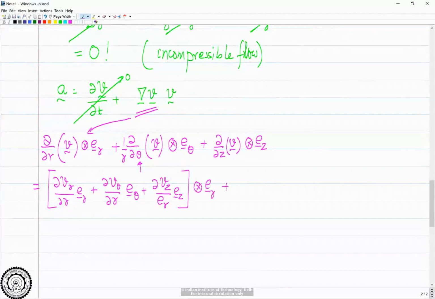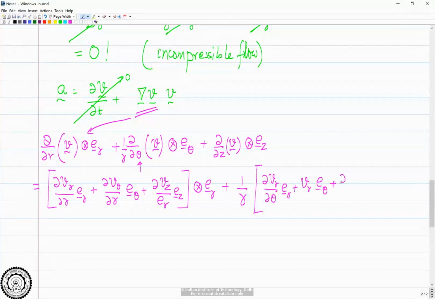Then the next one is going to have a lot of terms, plus 1 by r, then del v by del theta. So the first is Vr Er, so this gives you del Vr by del theta Er plus Vr into del Er by del theta, which is E theta.